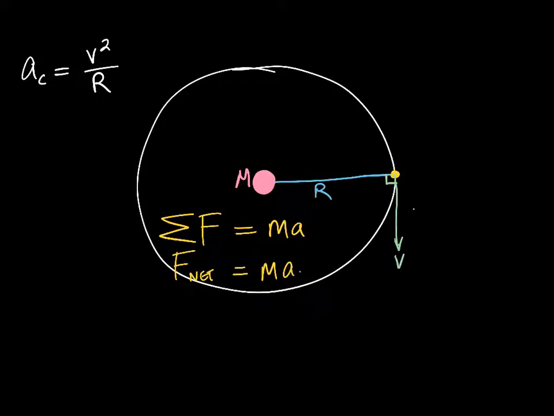And so for this particular situation, all right, it's ma because this right here is a center-seeking acceleration. It's keeping it on the circular path, and it's constant.